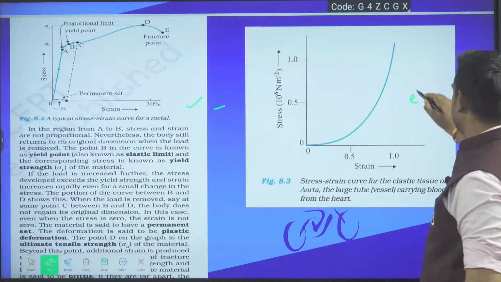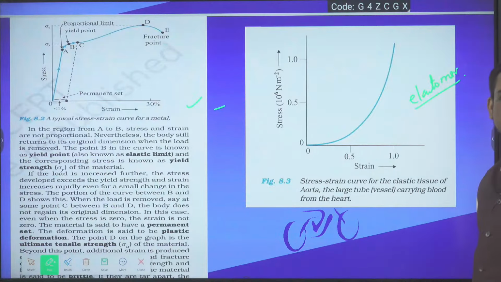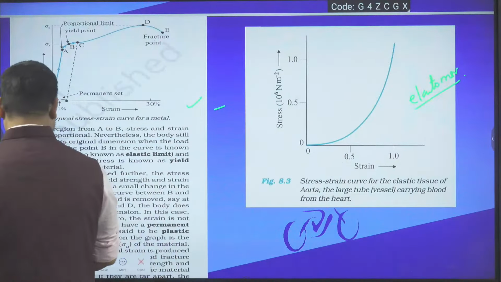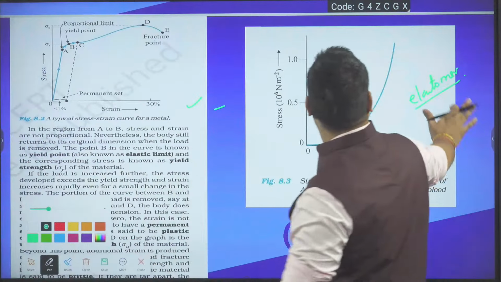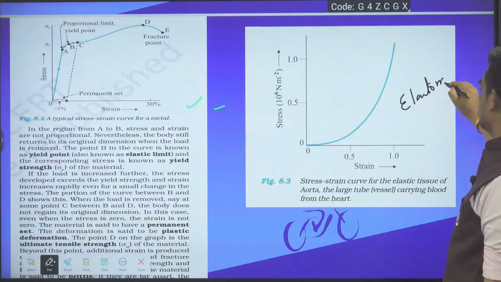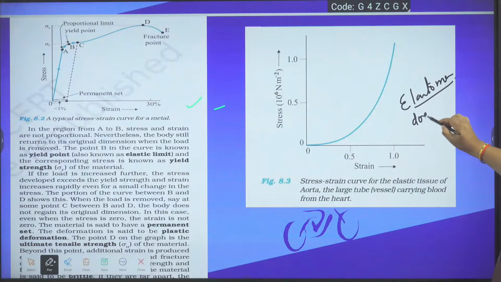You have to remember that. This is basically for the elastomer, which does not follow Hooke's law.